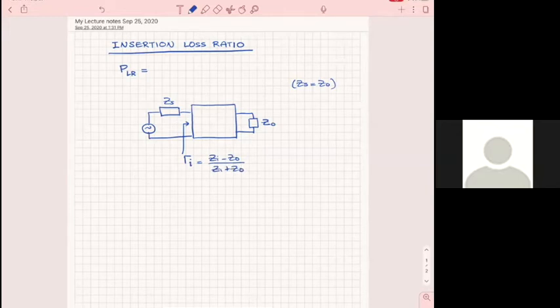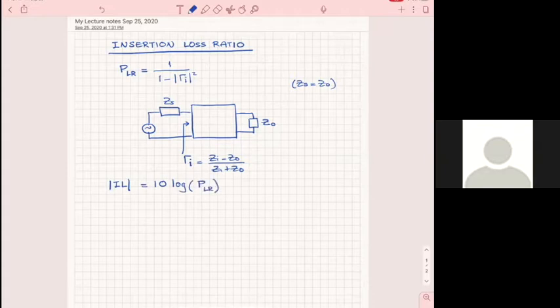And then the insertion loss ratio is nothing else but 1 over 1 minus the magnitude of gamma input squared, okay? That's where we ended up. And there is one more entity from this. The other entity you're going to see is insertion loss as a logarithm in dB, so 10 logarithm of this ratio.